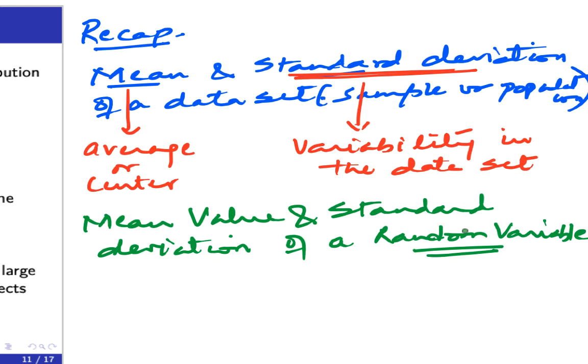So that means we would like to know or describe the random variable's probability distribution, where it is centered. Is there an average for it? So when you talk of a mean value and standard deviation of a random variable, this describes, guys, the random variable. Let me write it as RV, okay, make my life simple.